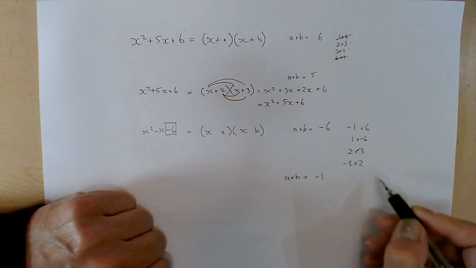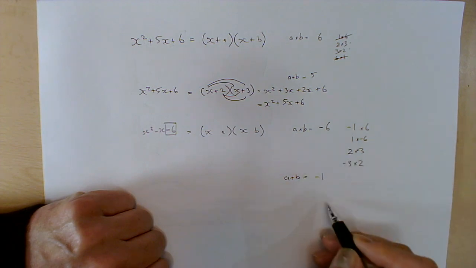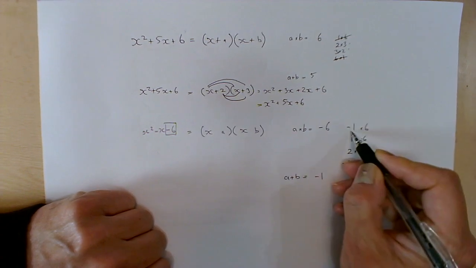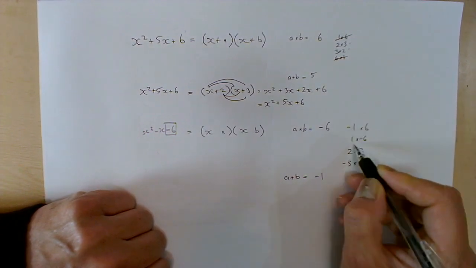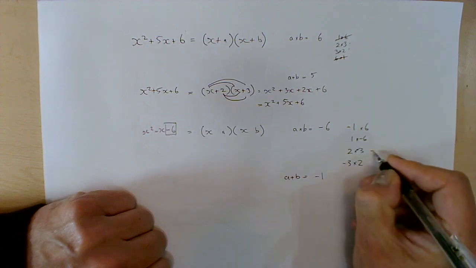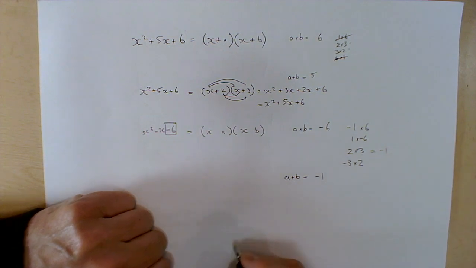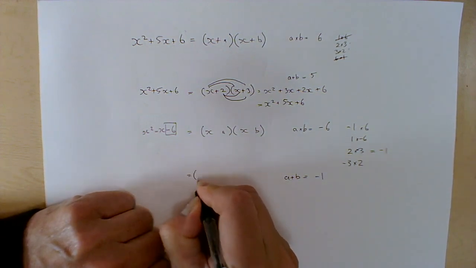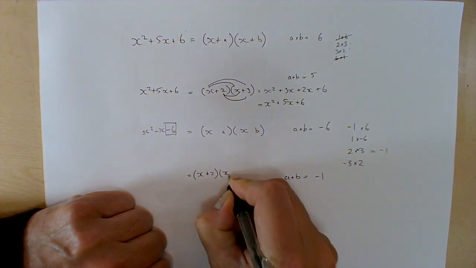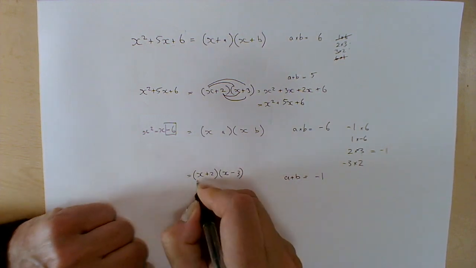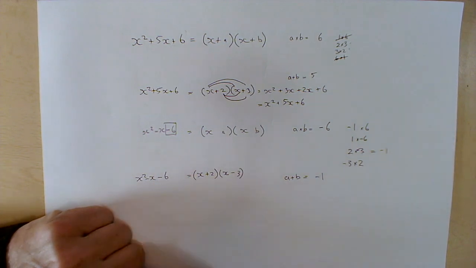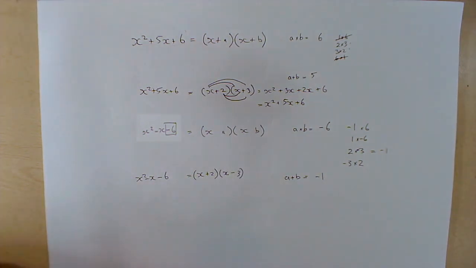So, which of these sets of numbers, when you add them together, make minus 1? Well, minus 1 plus 6 is not minus 1. 1 plus minus 6 is not minus 1. 2 plus minus 3 equals minus 1. So our solution here is x plus 2, x minus 3. So x squared minus x minus 6 is x plus 2, x minus 3.